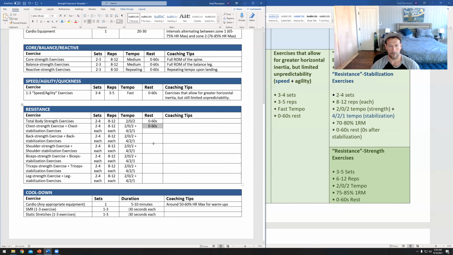And that is going to be anywhere from 3 to 5 sets for about 8 to 10 reps at an XXX tempo with 3 to 5 minutes of rest there.